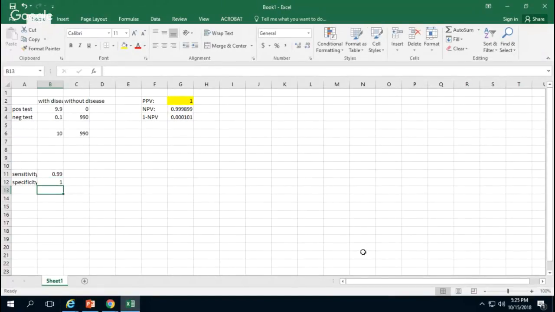Look at that, our PPV is 100%. Even if we took that up to 0.99, the PPV is 50%. At 0.999, we get up to 90% PPV. So specificity is really a limiting factor in the positive predictive value.